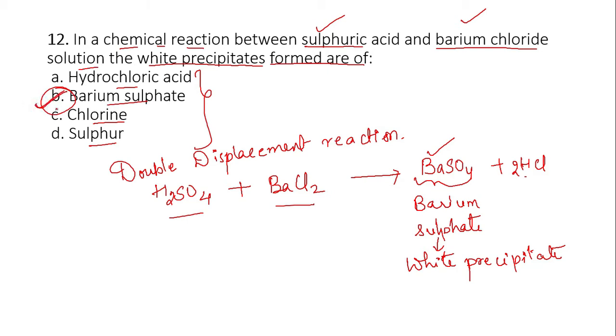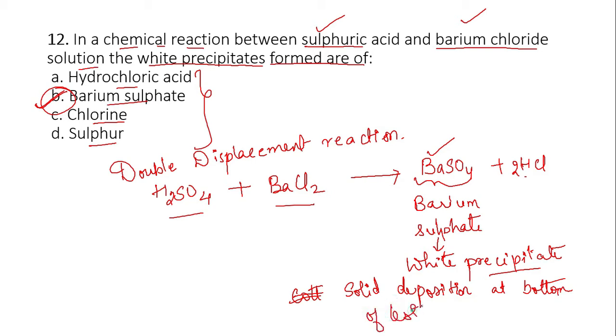Clear? We have done this earlier also, and we have also seen what a precipitate is. It is nothing but a cottony solid, or simply a solid deposition at the bottom of the test tube.